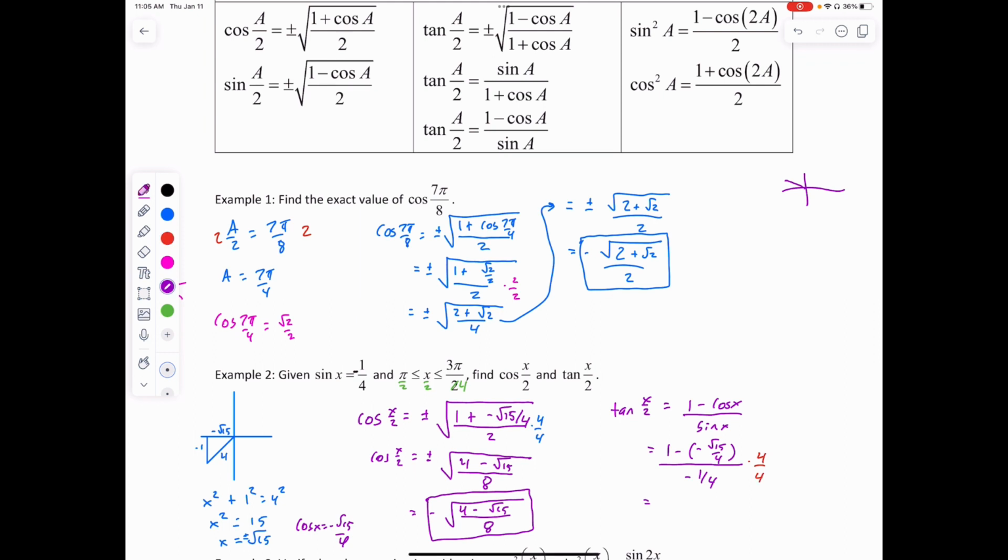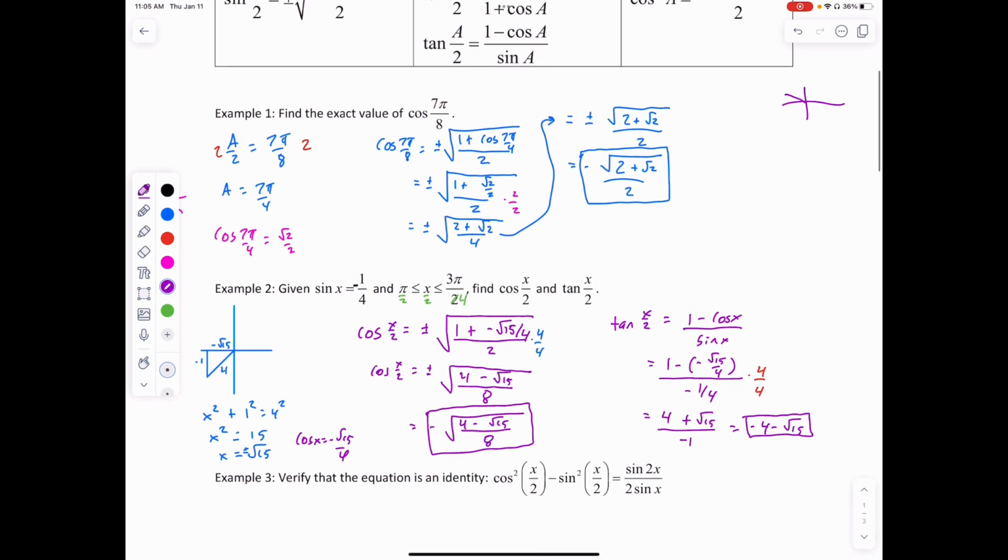It's going to be equal to 4 minus a negative becomes plus radical 15 over negative 1, which is, of course, just negative 4 minus radical 15. And that will conclude this problem.